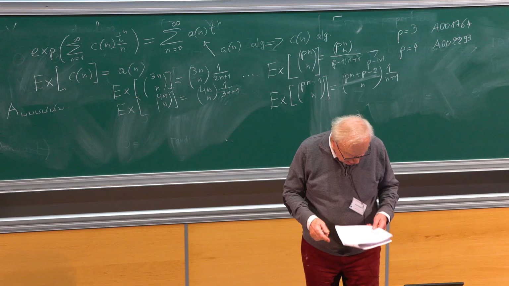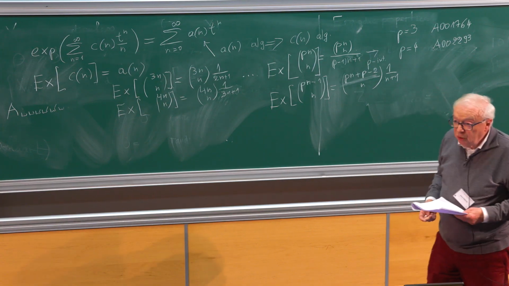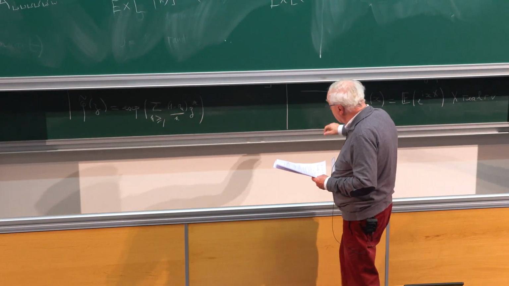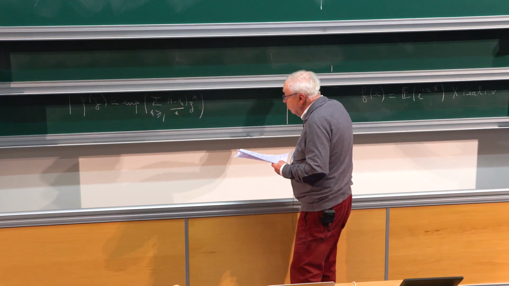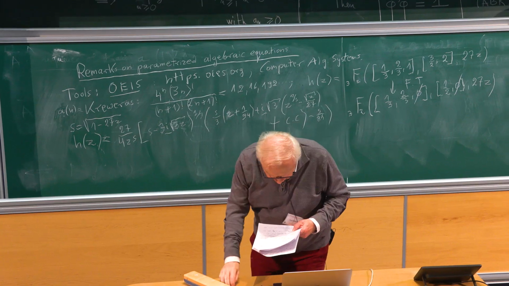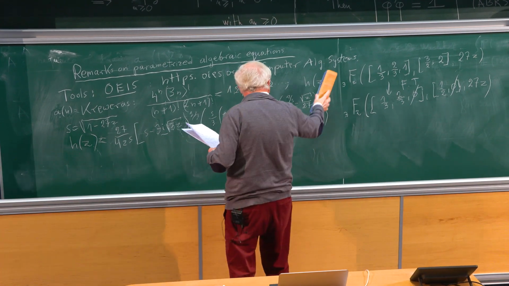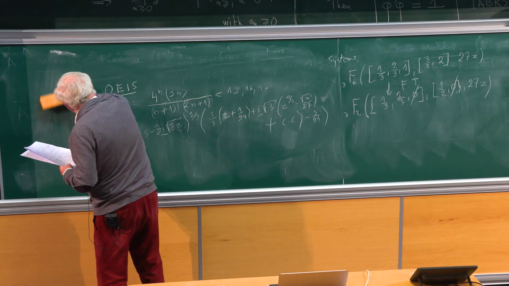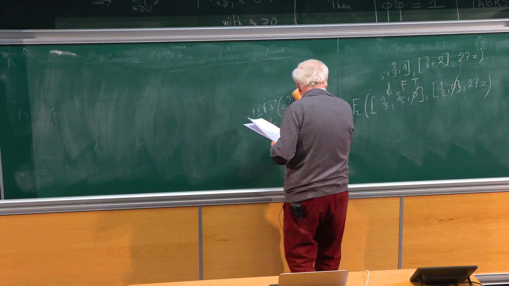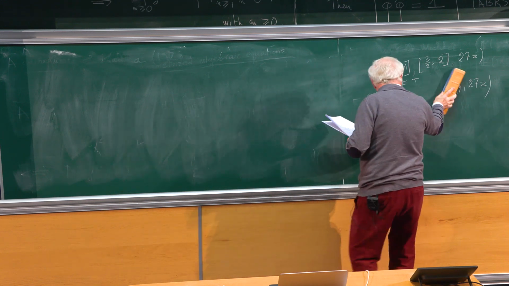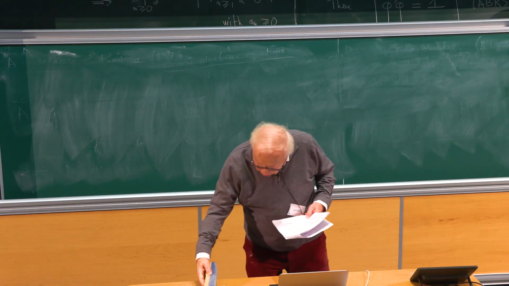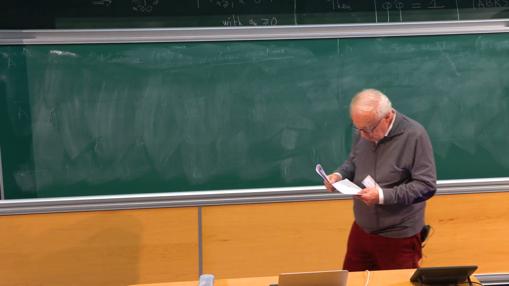Good. Okay. So now we want to extend this into formulas which involve slightly different sequences. And I can give you only a small choice, because there are two situations which I will enumerate.